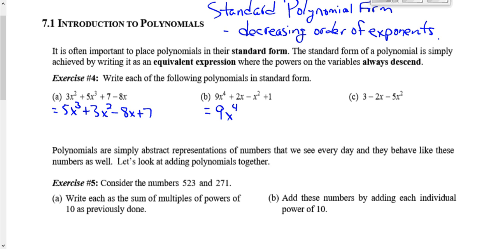What's that 2 mean? So negative x squared, right? Minus x squared. What's the next term, Wheeler? Plus 2x. And then plus 1, x to the 0.